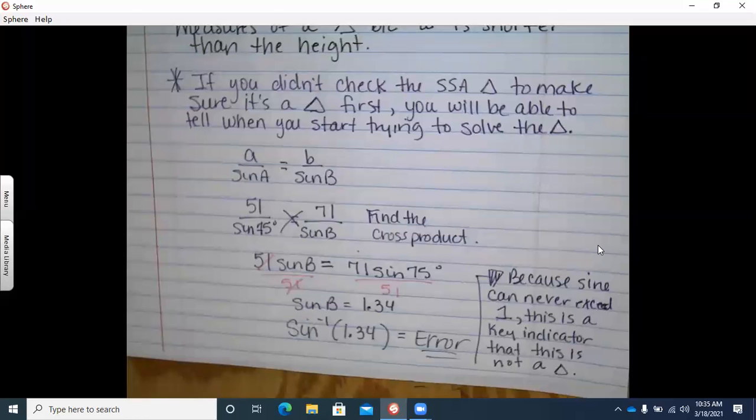All right, we good with this? Okay. Example 3.